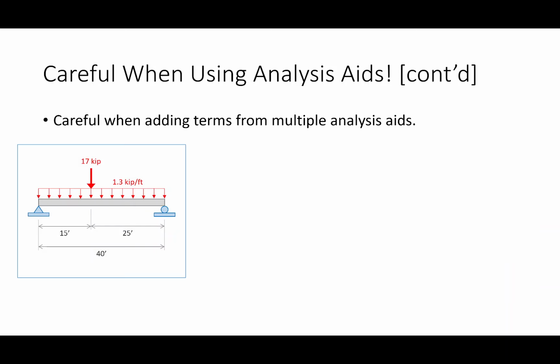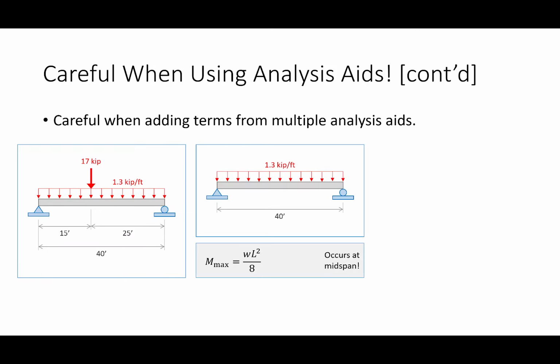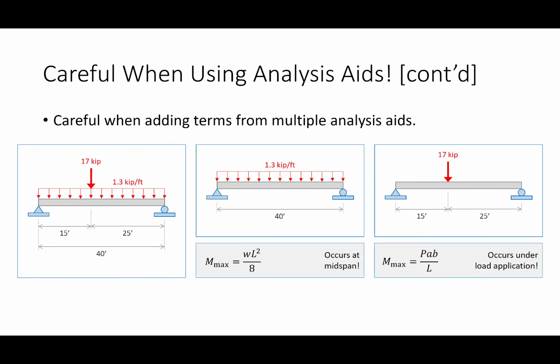Another thing you have to be careful about is when you mix formulas together. So let's take a look at this beam. Now you're not going to find a formula for this beam. But what you will find is a formula for that beam and a formula for that beam. So in other words, I'll say that this beam equals this beam plus that beam.